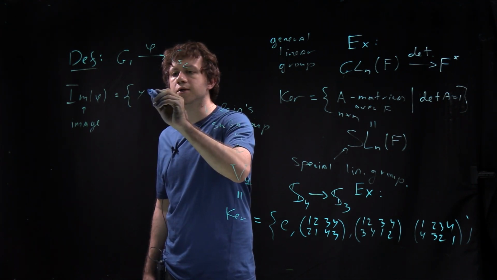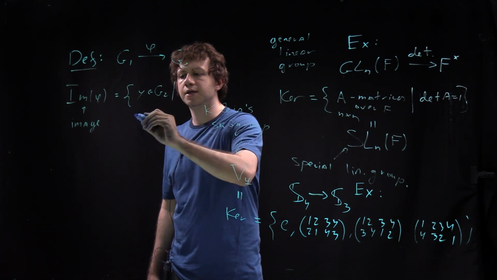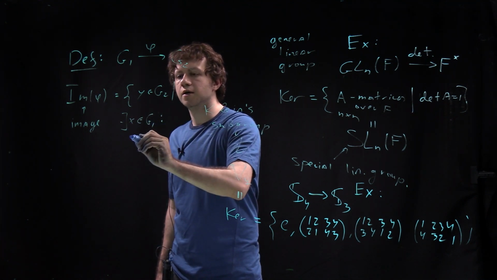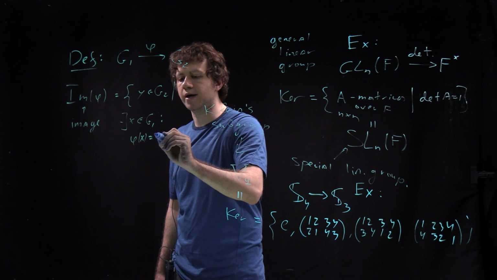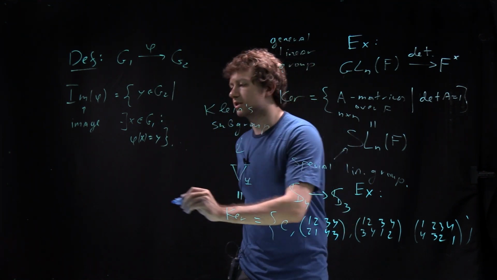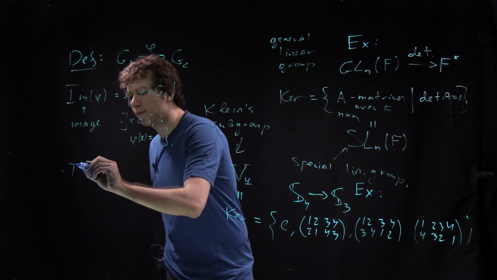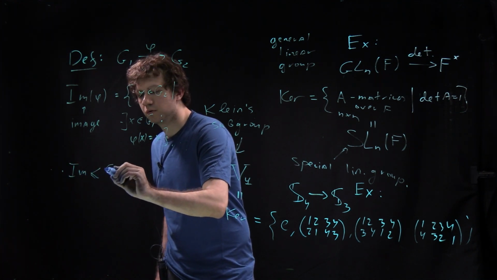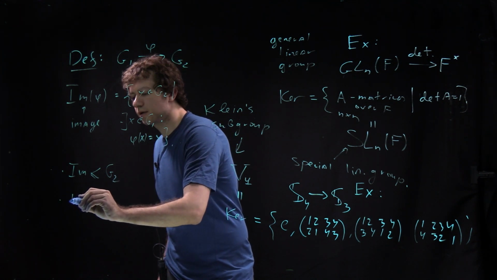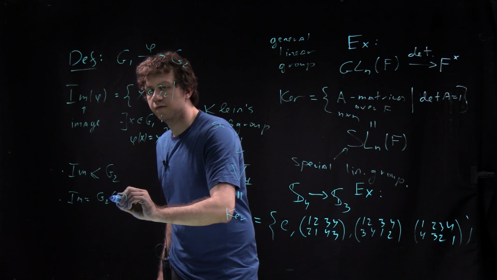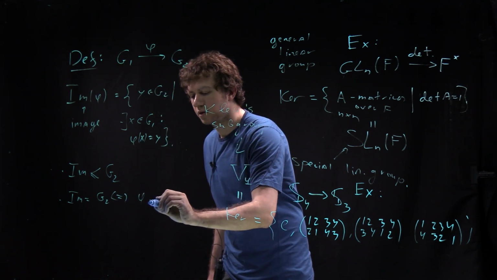So y in G2 such that there exists x in G1 such that phi of x equals y. And that's really simple to check. So there are 2 facts: the image is a subgroup of G2, and of course this image equals G2 if and only if phi is surjective.